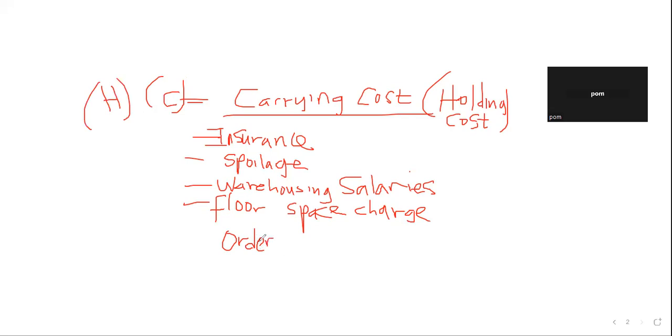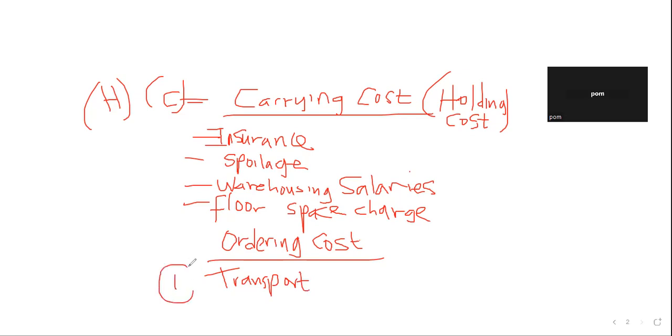So we have ordering cost. What are those? Transport charge. Okay, so transport, what else? You can also talk about the research and development for what you are ordering.